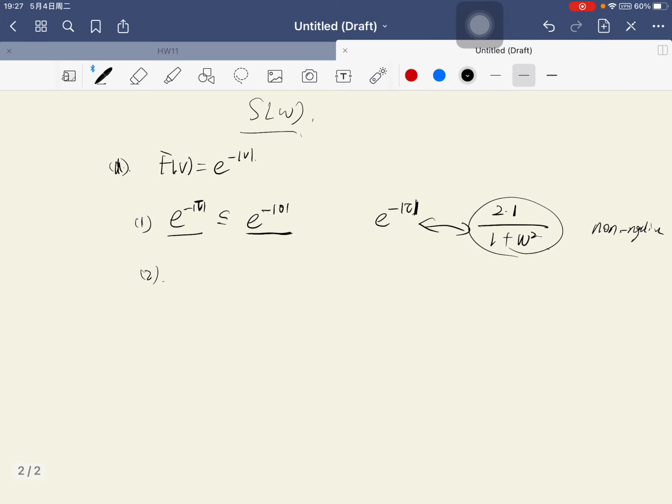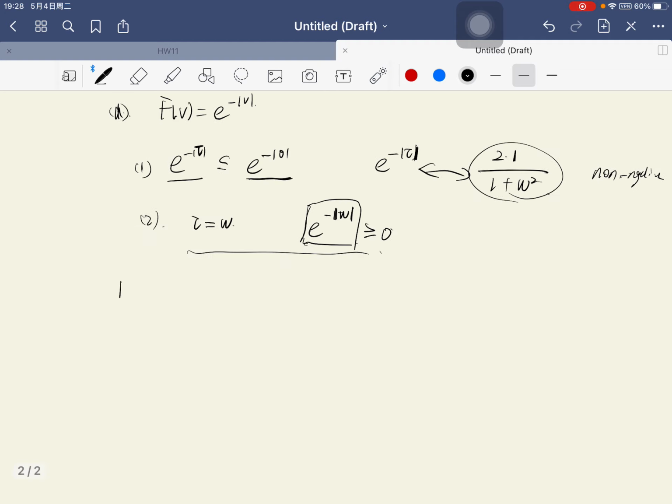We put tau equals omega, and this function is bigger than or equal to 0. It's obvious the exponent function is bigger than or equal to 0, so it could represent the spectrum density function.